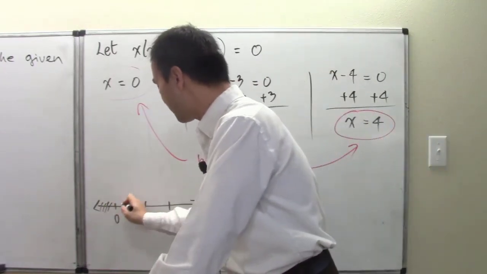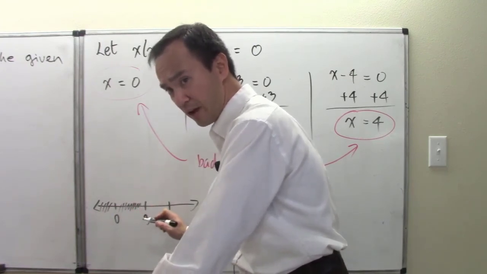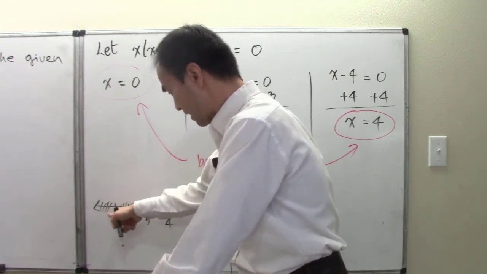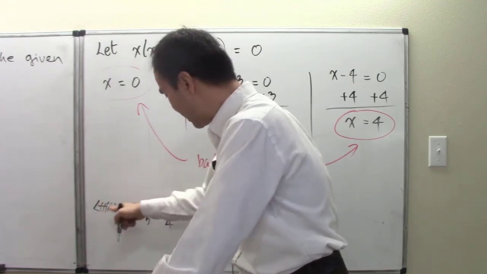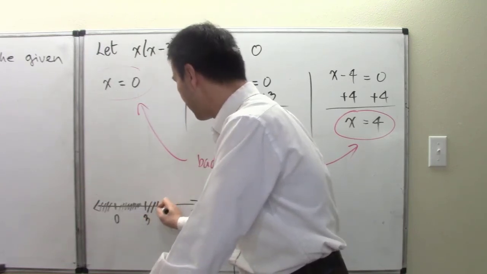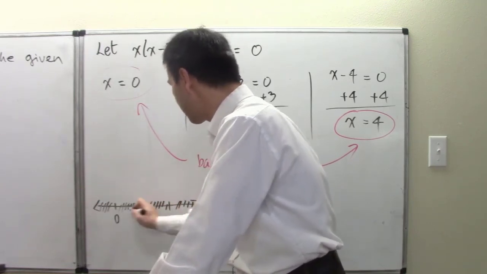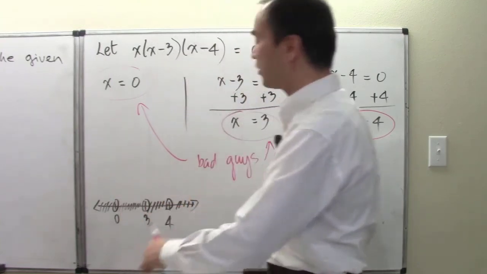Now I'm going to shade anywhere else, because the general conclusion said the domain of any rational function is anywhere except the zeros of our denominator. So we're shading everywhere except at 0, at 3, and at 4.